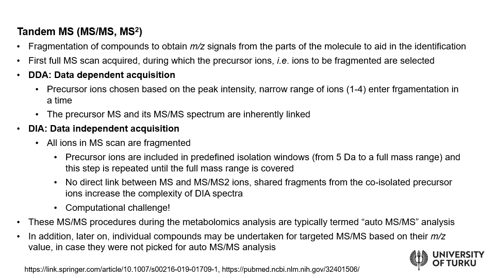Typically in this kind of approach, something between 1 and 4 different ions can be collected for fragmentation during a single spectrum or single precursor ion run. So here you know what the mother ion is, and you can link that directly to the daughter ions. So what is the source and what are the fragments?